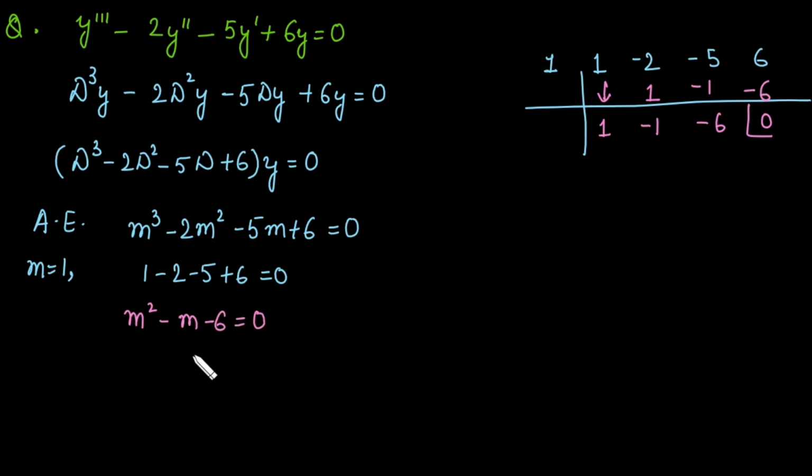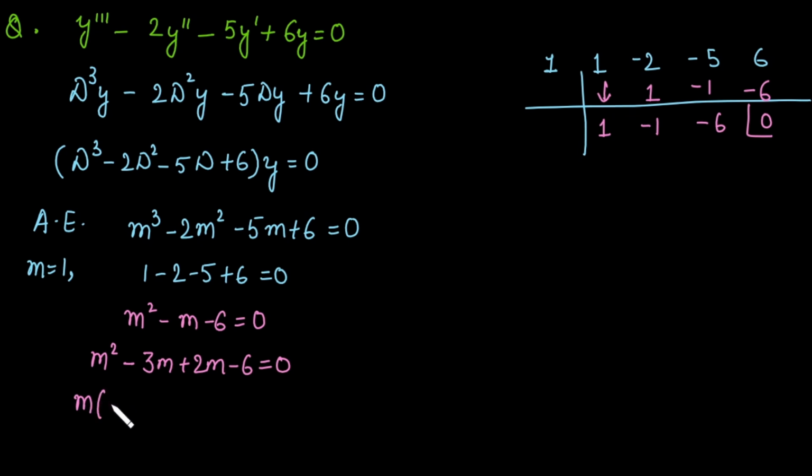Now, what are the roots of this one? We can factorize this. Find two numbers whose product is 6, that is 2 and 3. Now, place them in such a way that the product is −6, but the sum is −1. So we can write it as m² − 3m + 2m − 6 = 0. Collect the common terms.